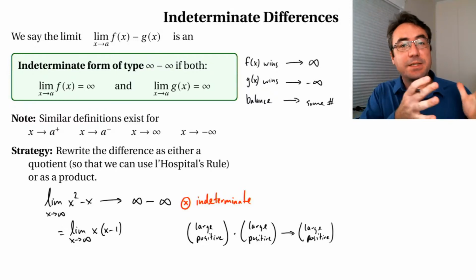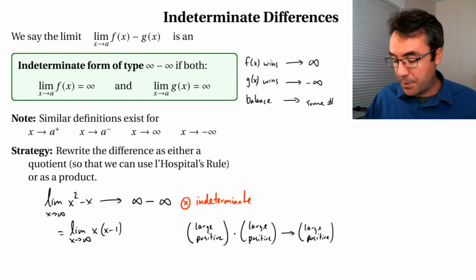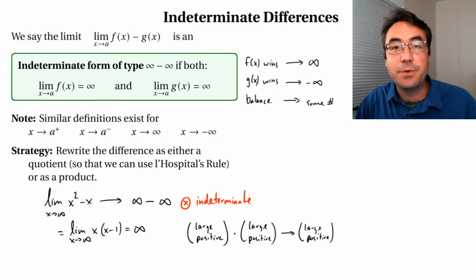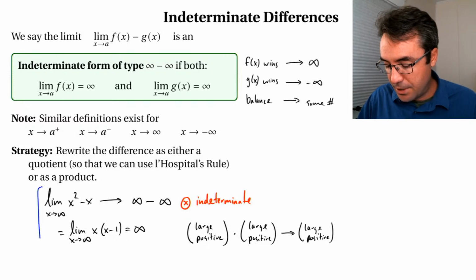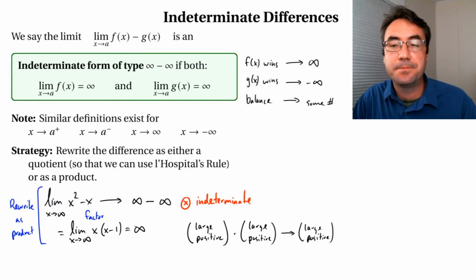If we multiply a large positive number with a large positive number, the result is some other large positive number. So this limit is infinite, it goes to infinity. This is an example of what you might do if you wanted to rewrite as a product. Try to factor. That's really the key step here.